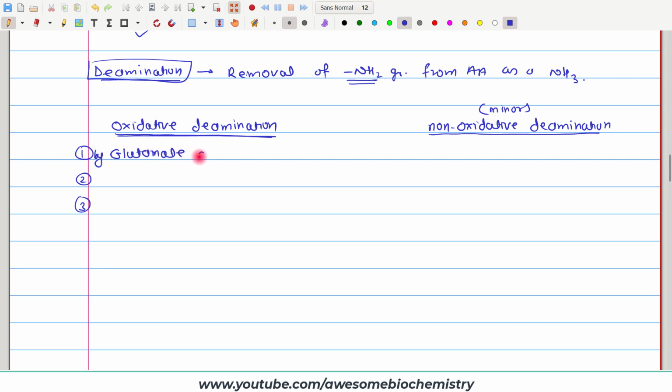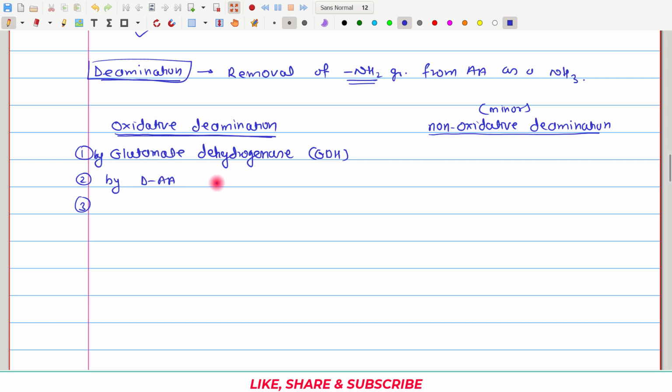Oxidative deamination by glutamate dehydrogenase, which is often abbreviated as GDH. Then we have oxidative deamination by D-aminoacid oxidase and by L-aminoacid oxidase.